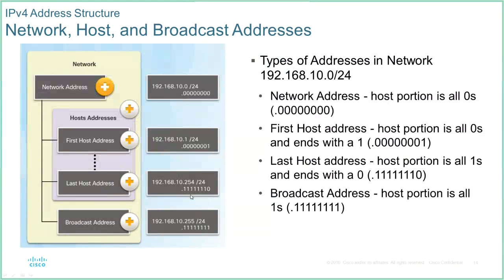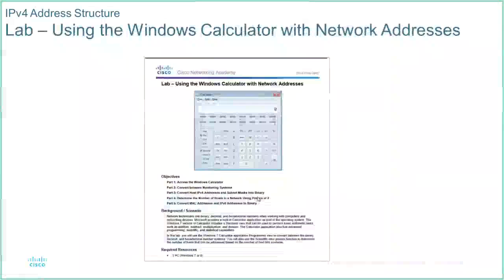Last host is where all the bits are on 1 except for the last. Okay, so 1 shy of the broadcast address. So converting that out again, so .1 to .254 and .255 is the broadcast address. Now we'll explain. Basically, the broadcast address is where we send a message to every machine on that network portion.